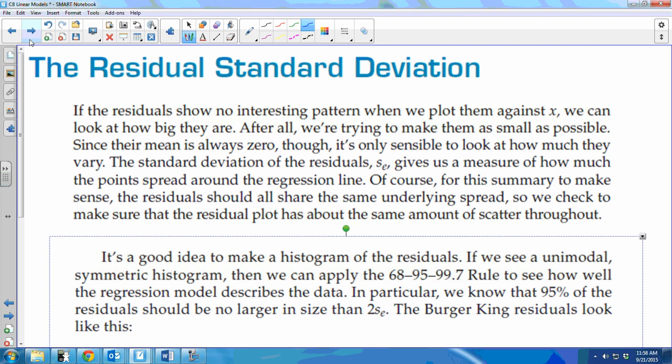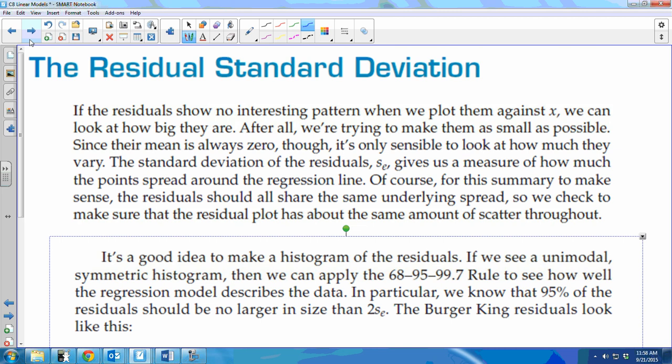The residual standard deviation. This is kind of confusing. You won't be asked about it very often, but we're still going to use the same things we've talked about with standard deviation multiple times. If the residuals show no interesting pattern when we plot them against x, we can look at how big they are. Because we're trying to make them as small as possible because we want them to be close to the line, right, the linear model. Since their mean is always 0, it's only sensible to look at how much they vary, right?